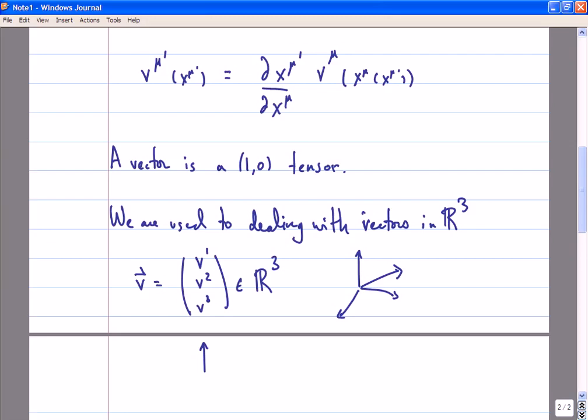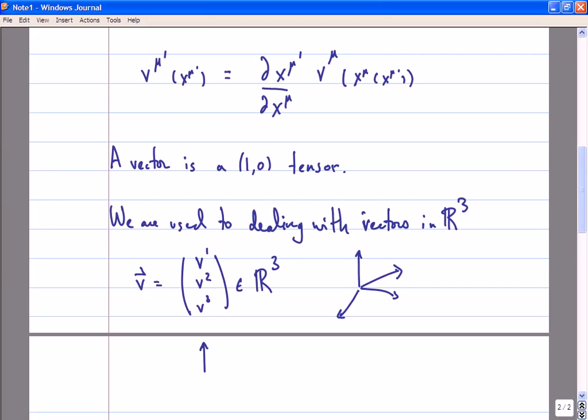So in the definition that I gave above for a vector as a (1,0) tensor, these V mu's should be regarded as the components of a vector in a particular coordinate system. But what I really want you to do is think of a vector as a geometrical object which has a meaning independent of whatever coordinate system we're writing it in. And the rule that I have given above is just the rule for how these different components transform when you go from one coordinate system to another.